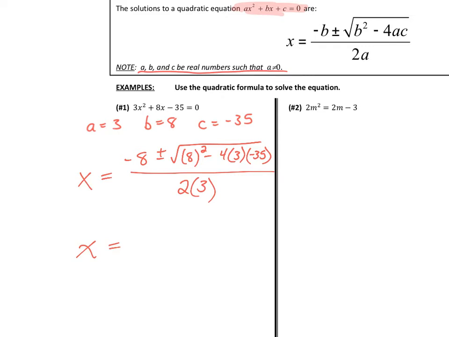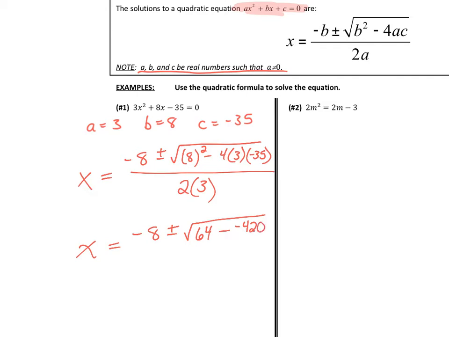So negative b is negative 8 plus or minus the square root. 8 squared is 64. 4 times 3 times negative 35. 4 times 3 is 12. And 12 times negative 35 is negative 420.